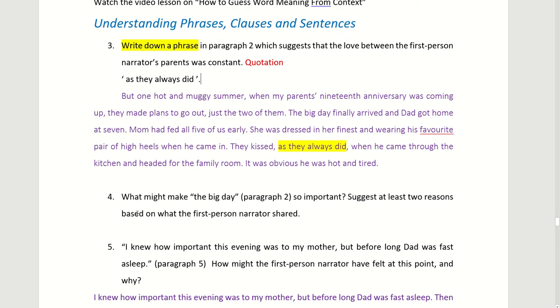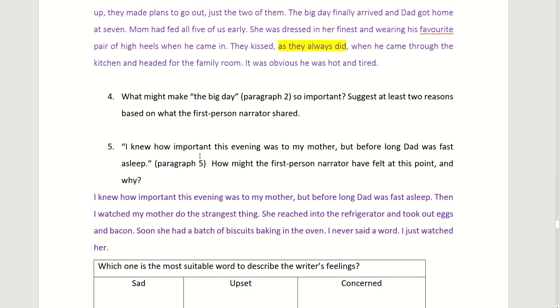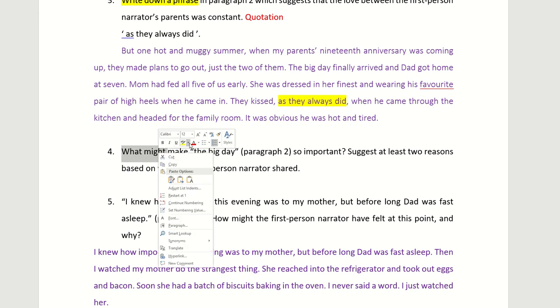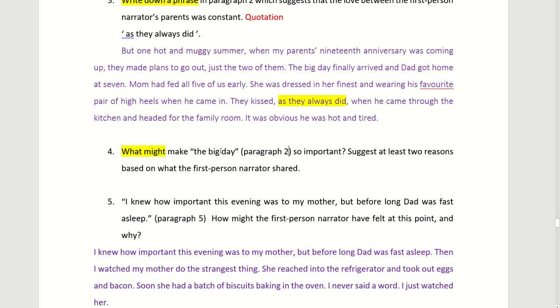What might make the big day so important? Suggest at least two reasons based on what the first person narrator shared. So, what kind of question is this? It is telling me what might make this big day so important.